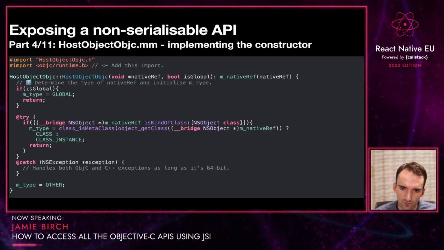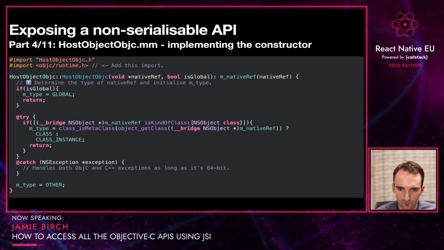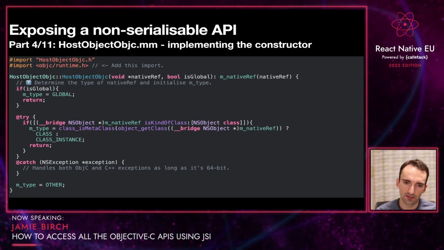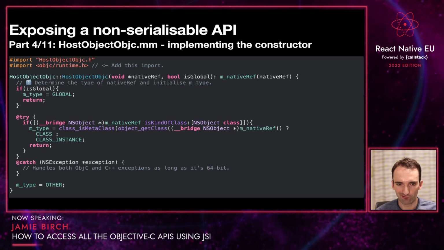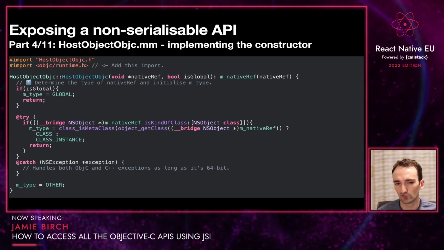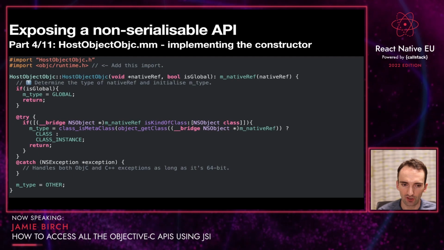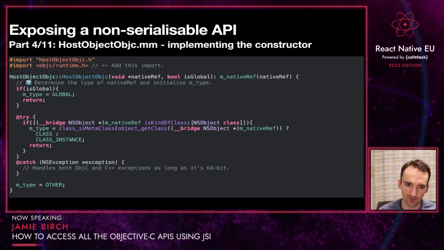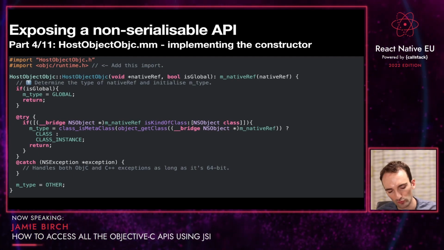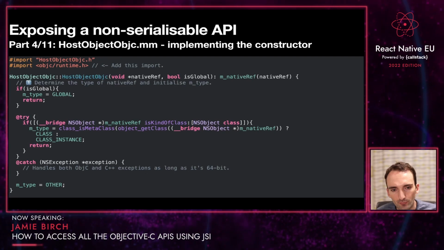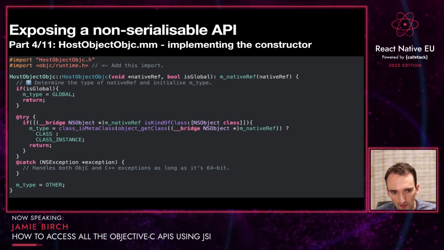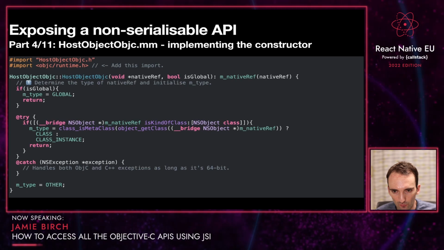First we're going to find out, is it an NS object of some sort? And the way we do that is we try firing an is kind of class message at it, which will throw an error if it's not an NS object in the first place, in which case we fall through and we set the type to other. But if it does respond, we will do a bit more meta-programming.